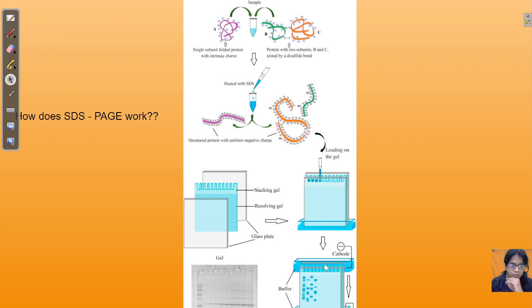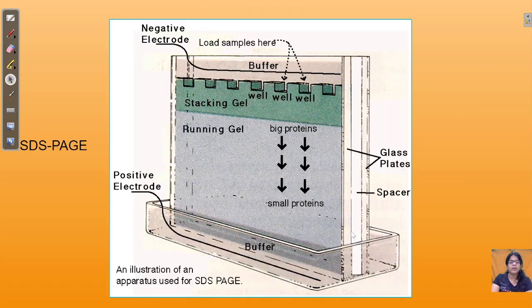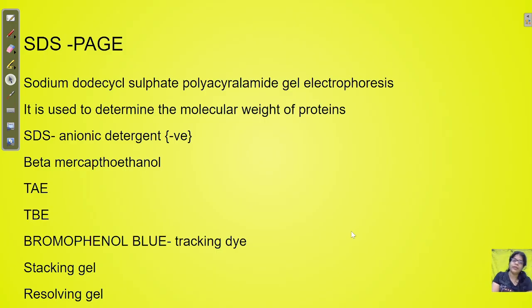The whole protein molecules have been denatured, and you have got your linear form of proteins, and now they are all loaded into the properly cast gel. Then you will get everything placed under current. So this is the whole mechanism of SDS.